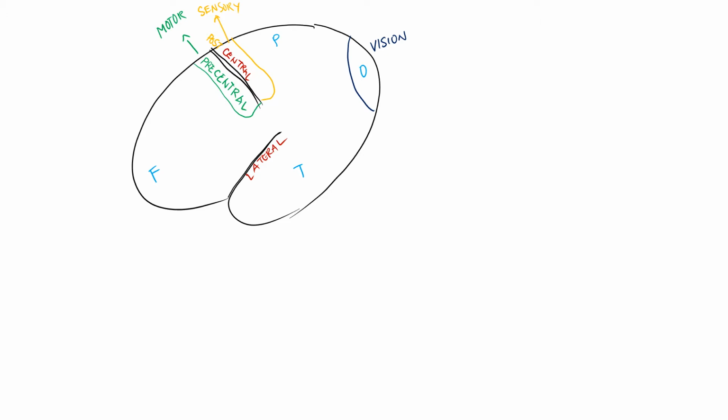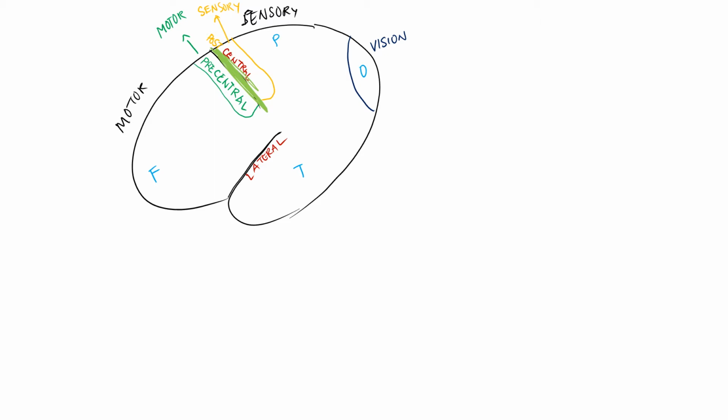Okay, that is why your central sulcus is a very important landmark, because it divides your primary motor cortex in your frontal lobe and your post-central primary sensory cortex in your parietal lobe. Basically, when you talk about your frontal lobe, you always think about motor functions. Well, generally speaking, not always, but anyway, when you talk about your parietal function, you're always thinking about sensory.